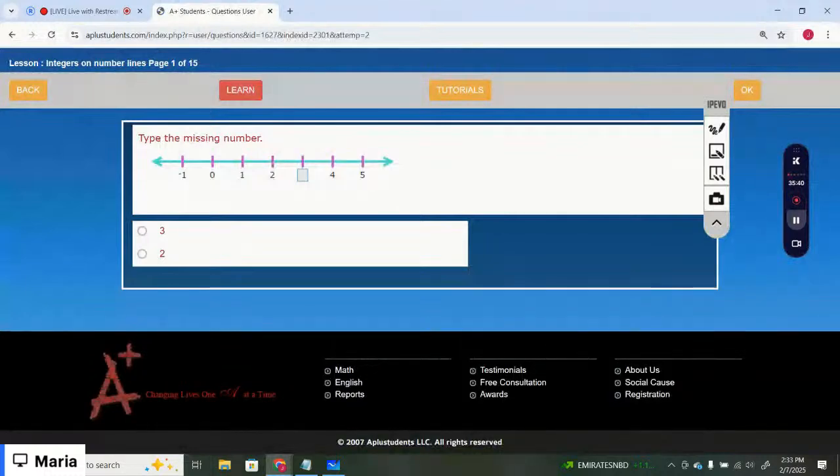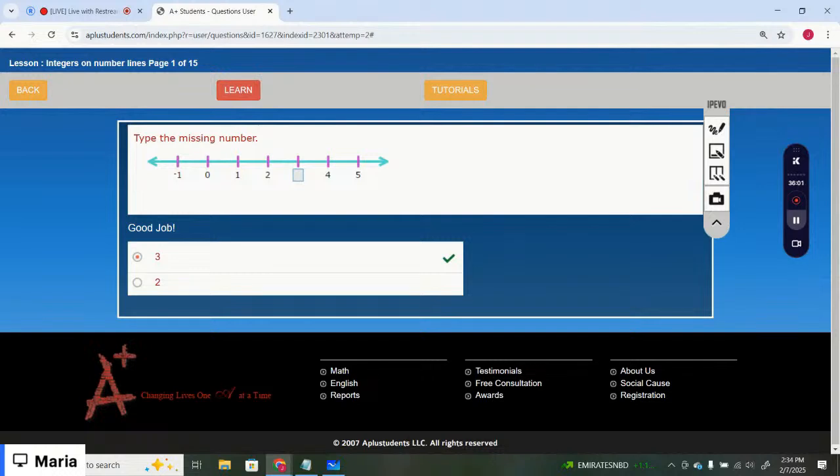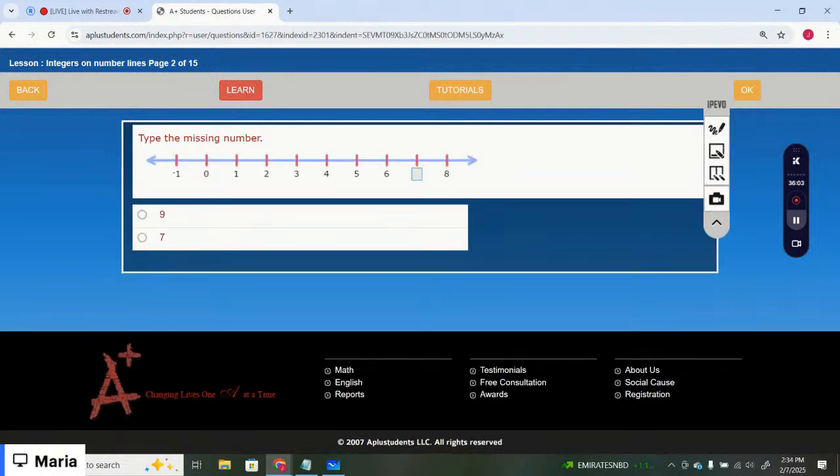So type the missing number. So which number is missing? That is the number between 2 and 4. So that is 3. Option number 1 is the correct option. The missing number is 3. Type the missing number.